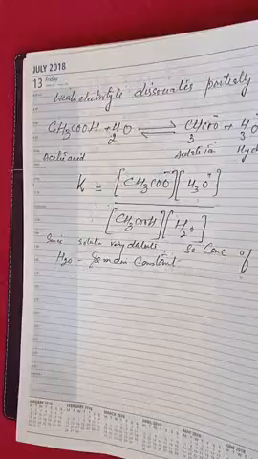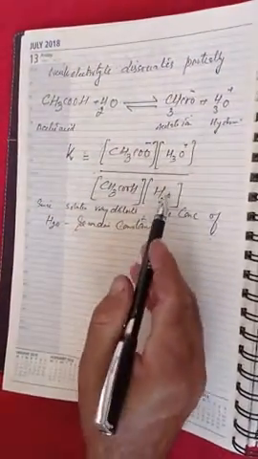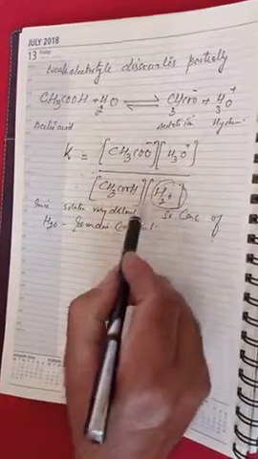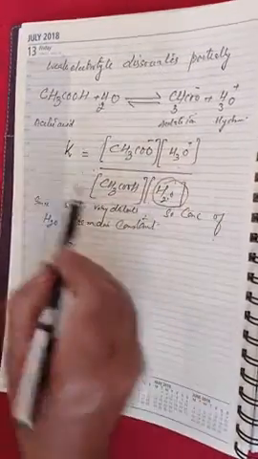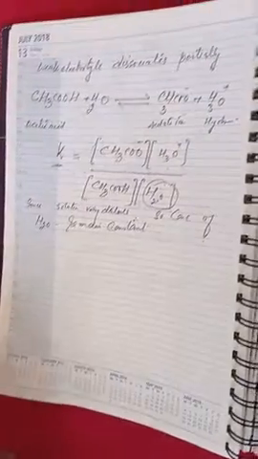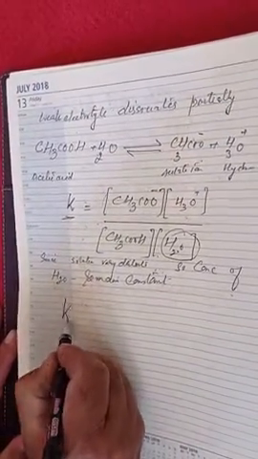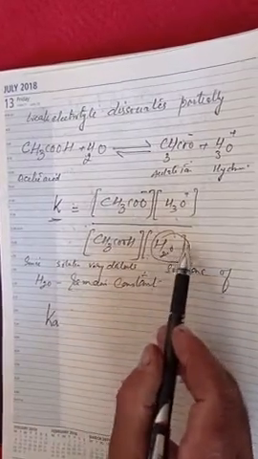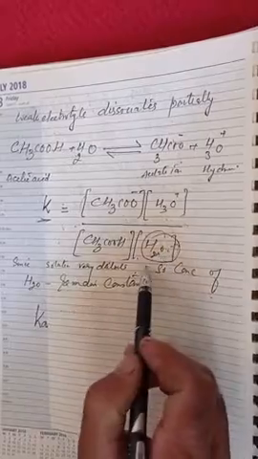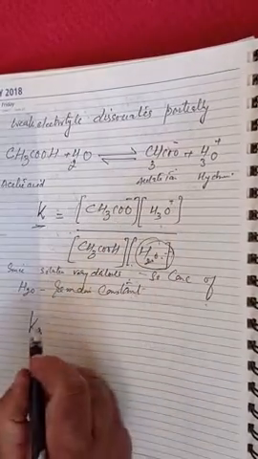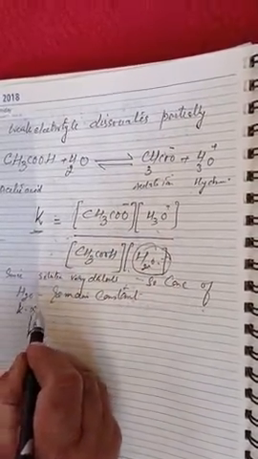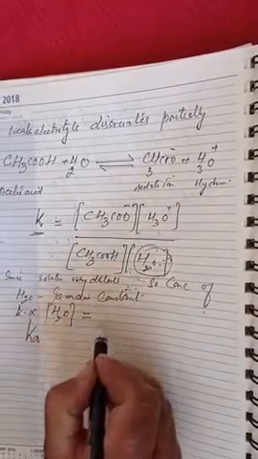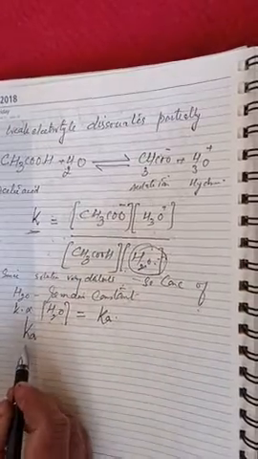So if we take water as a constant and multiply this constant with the equilibrium constant, I will write a new constant, Ka, the dissociation constant of the acid. I multiply K by the H2O concentration and call it Ka.